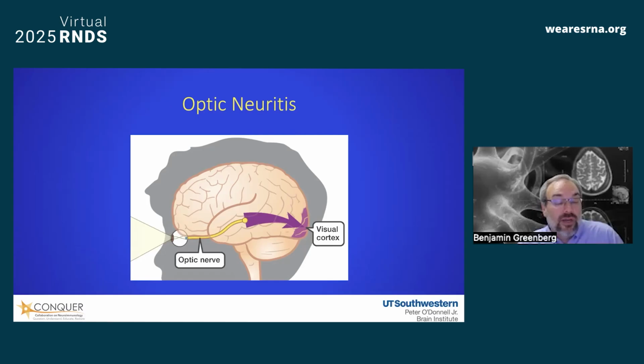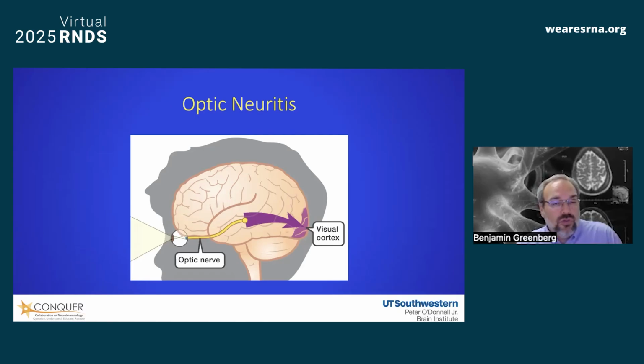It can involve one optic nerve or both, in which case we refer to it as bilateral optic neuritis. And it can happen because of post-infectious or para-infectious reasons, as well as underlying autoimmune disorders. So whether a person presents with myelitis or optic neuritis, they are needing tests to determine whether or not they are at risk for recurrence in the future.